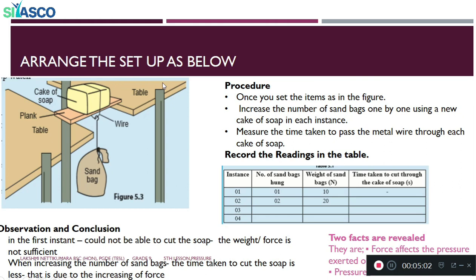Once you gather these things, you have to prepare the setup as given in the figure. Here you have to keep the soap on the plank, which has a similar breadth but longer length. Bring two desks closer and keep that plank in between them, and tie the wire around the cake of soap and put a hook there to insert the sandbags.